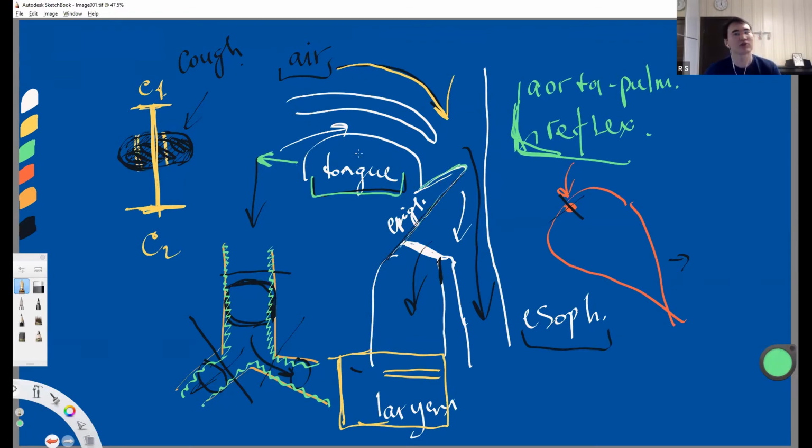So whenever you eat or drink in this position, your epiglottis does not close the larynx fully. So we have a small hole here, and the food or water can get inside the larynx. So do not extend your neck whenever you eat or drink.